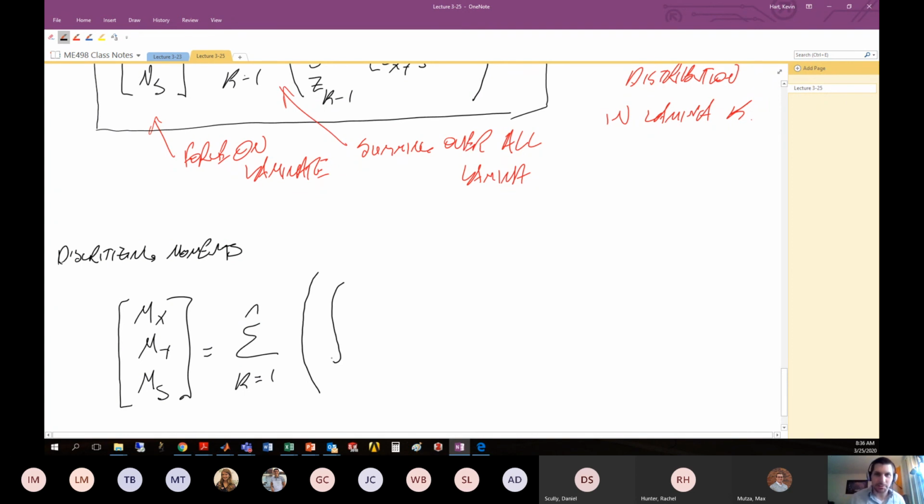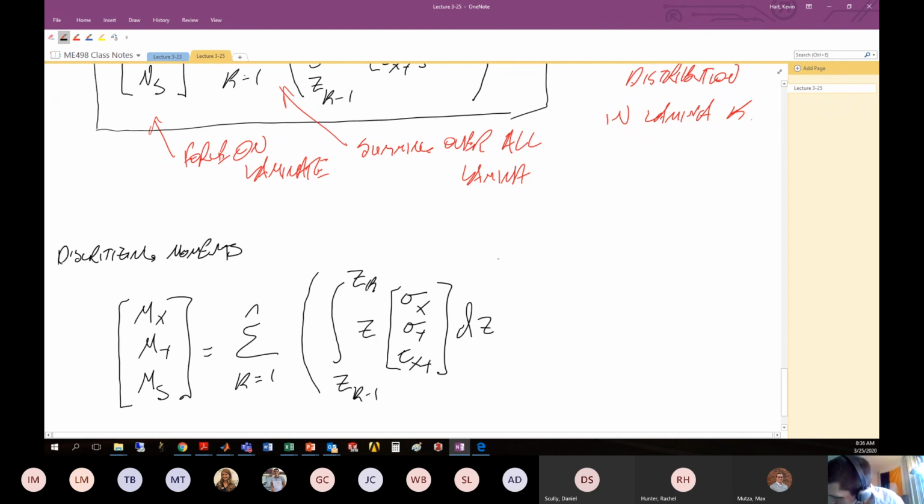The integrals of the distributions of stress within their own respective layers. So we're integrating from location Z K minus 1, which is the bottom of lamina K, to the top of lamina K, which is Z K. The stress vector, sigma X, sigma Y, tau xy, dz. And we can't forget about our thickness here that hangs out as well, because we're now discretizing the moments.